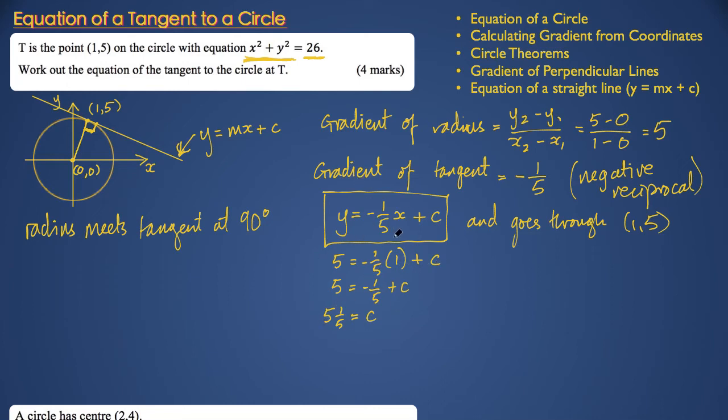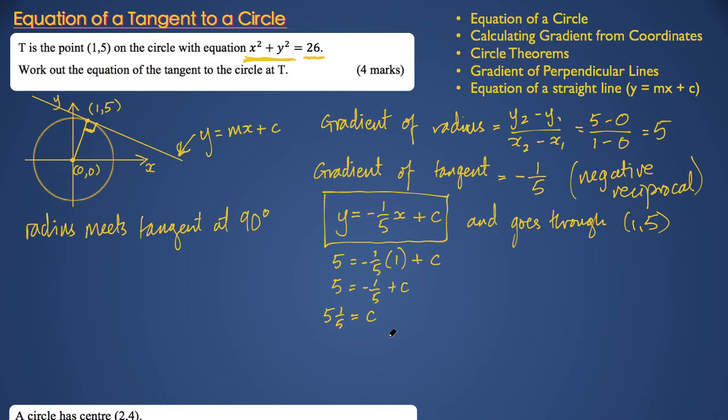Remember, this line y equals minus 1/5 x plus c could represent any line with that gradient. So any of these lines could be minus 1/5 x plus c, because they all have a gradient of minus 1/5. But if I want the specific line that goes through that point, that's why I use this point, y equals 5 and x equals 1.